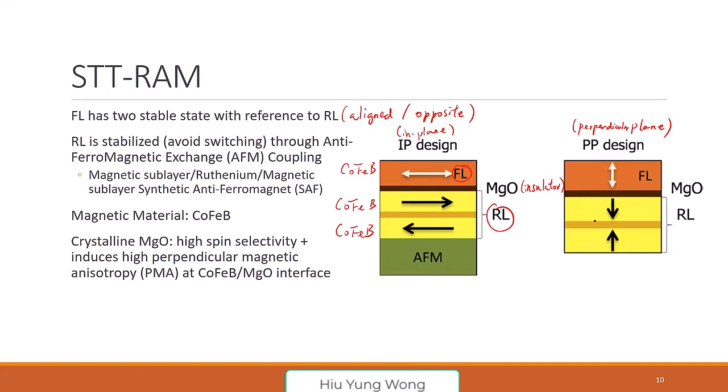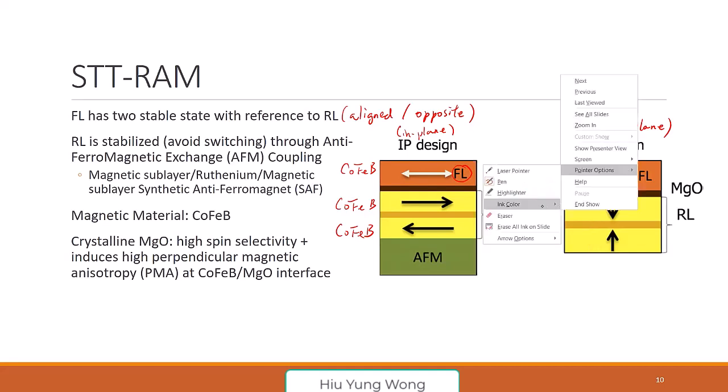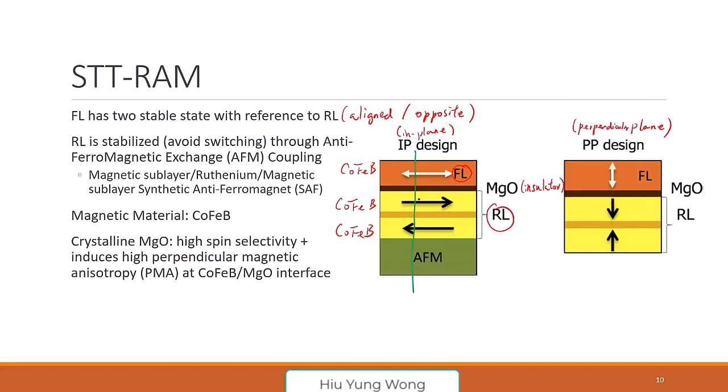Basically, I'm going to erase this, but what I'm trying to state is that from just a drawing, if I make it so small, you have a feeling that this might not work anymore. But if I make it this small, you will say it looks okay because the whole arrow is still contained inside, right? So perpendicular plane is promising for future scaling.